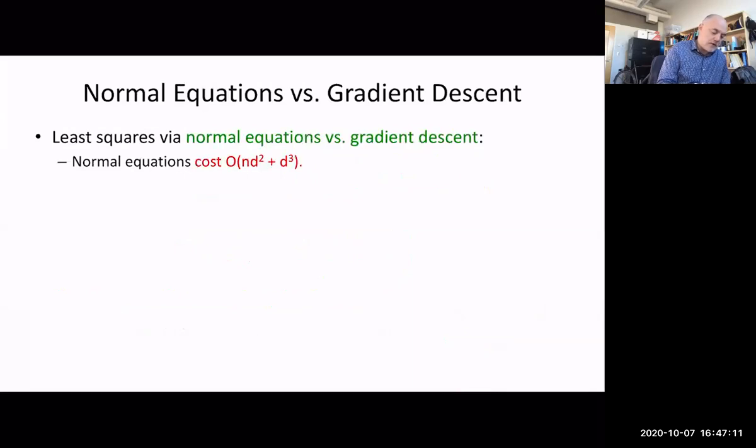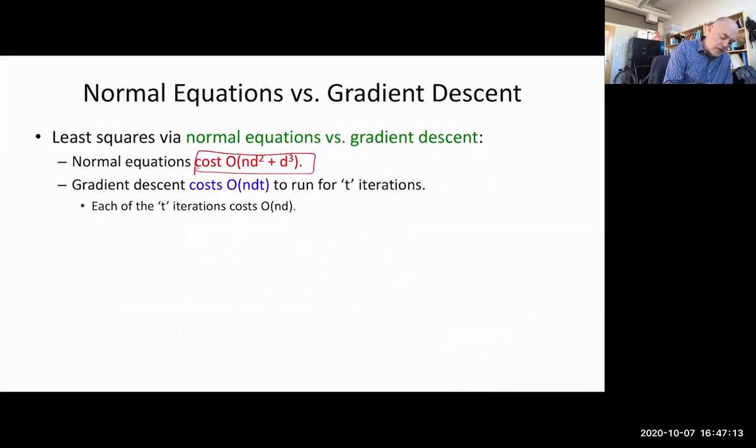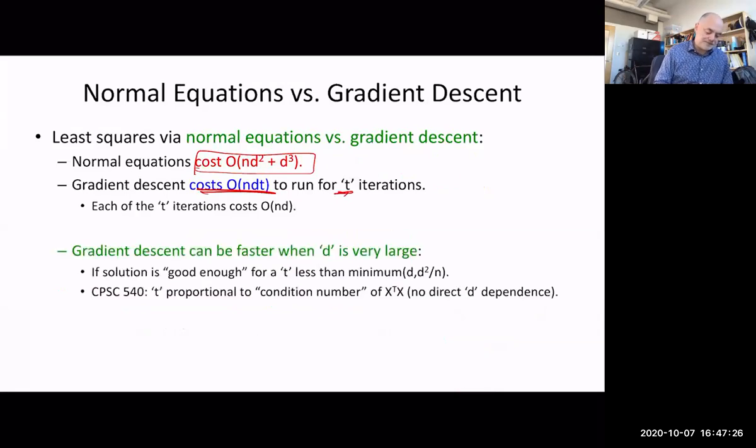So solving the system of equations set up by the normal equations costs this, right? Gradient descent costs this, where we don't necessarily know how long the overall algorithm is going to run, T, right? But it can be faster when D is very large, right? So if you can get to a solution that's good enough for a T that's less than the minimum of D and D squared over N, then you should use gradient descent, right?